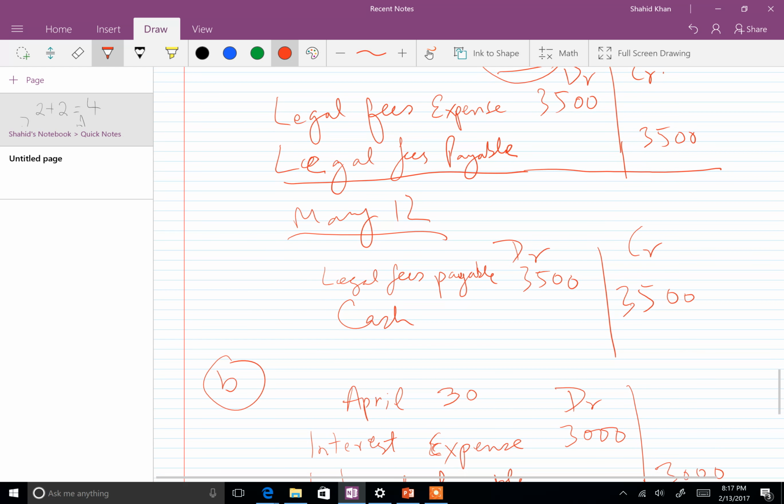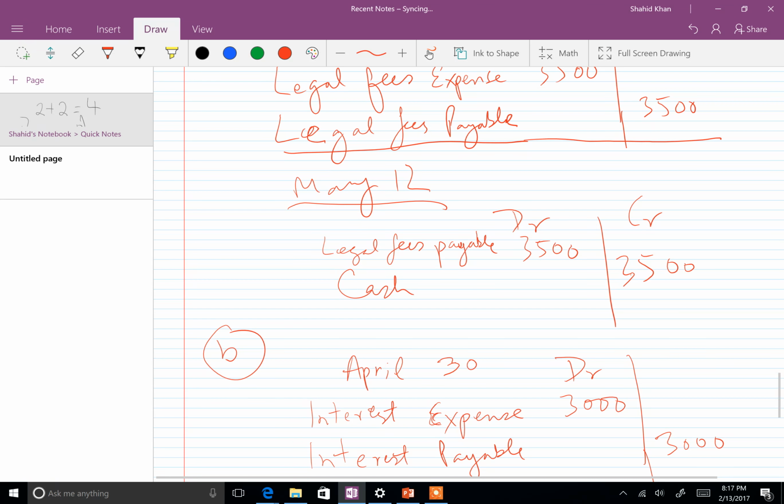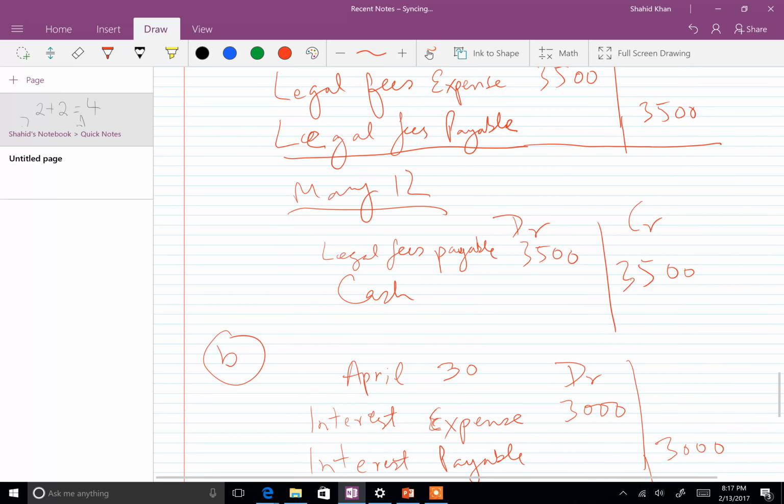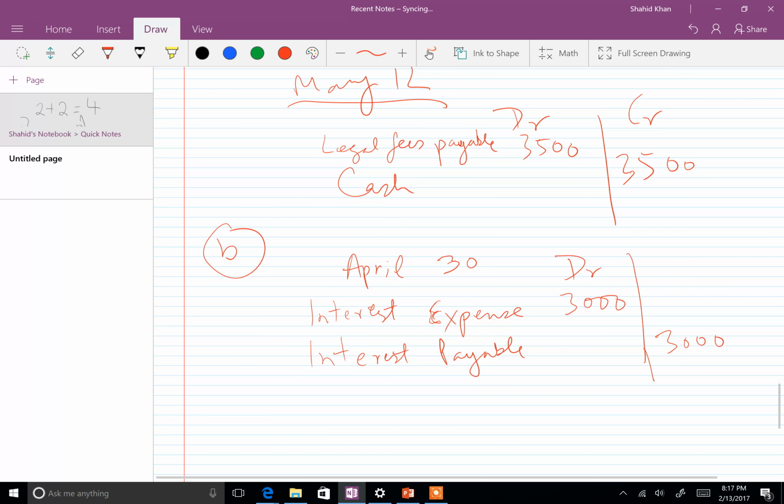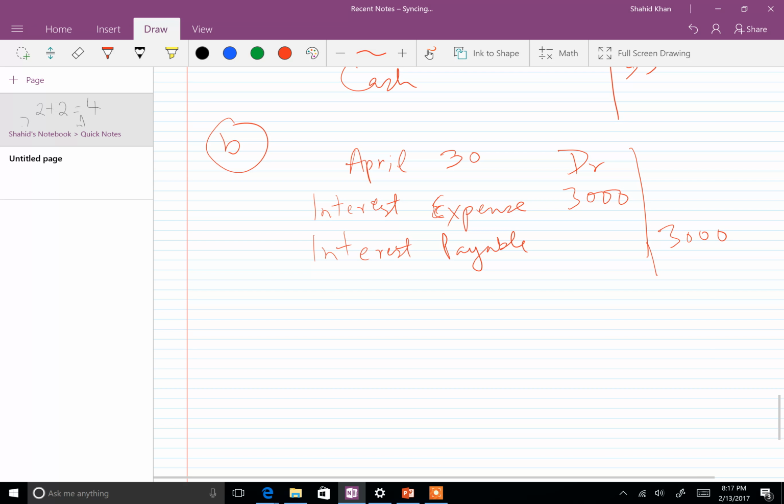Remember, every time you do an adjusting entry, if it's an expense incurred and you have not paid for it, you will create something called a liability. So you have created an interest payable in this case. Now at the end of the month, your interest expense fully reflects all the interest-related expense that you have incurred during the month of April, right?